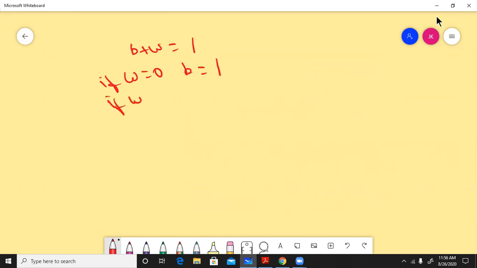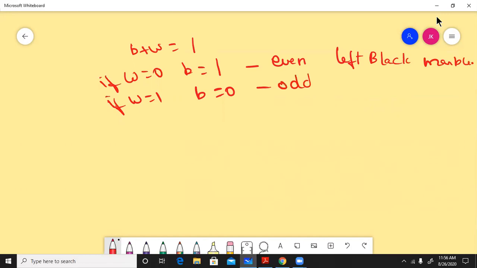If my W is equal to 1, my B should be equal to 0. That means if W count is even, I will be left with my black marble. If my W is odd, I will be left with my white marble. This is the conclusion, that this is the answer.